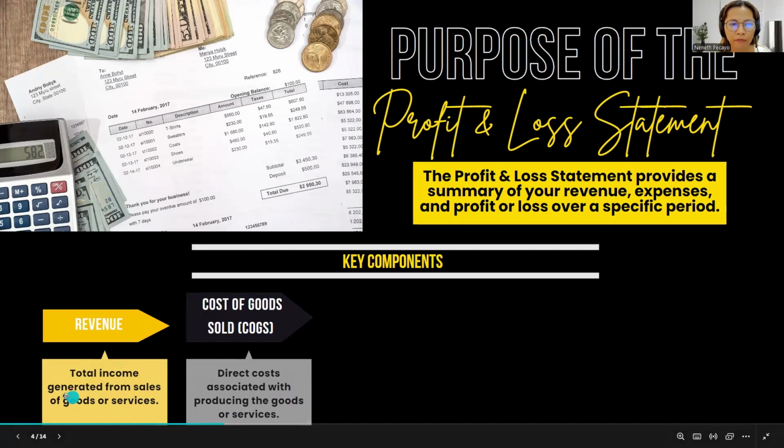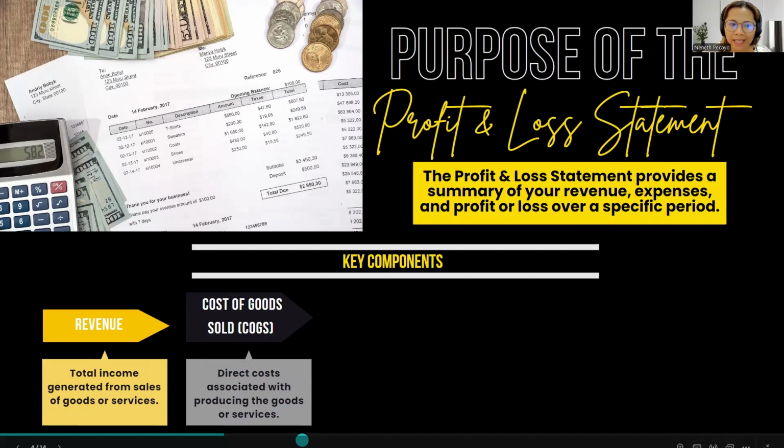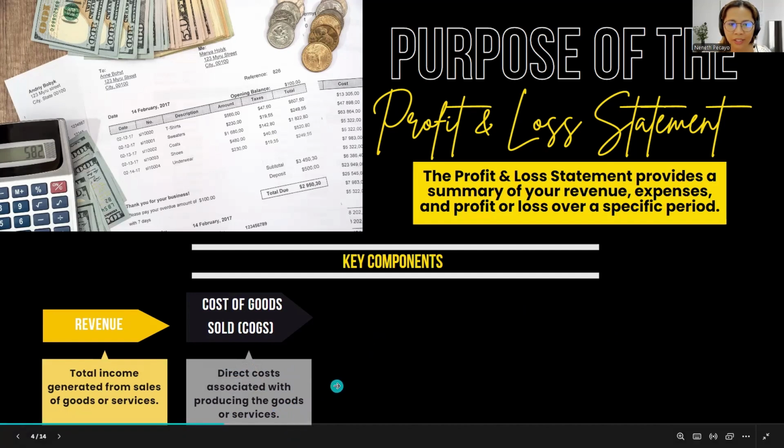If your business is on selling goods, the associated costs here would be the beginning inventory, purchases for resale, and the cost of the items that you sell to have the income. So they refer to the direct costs.